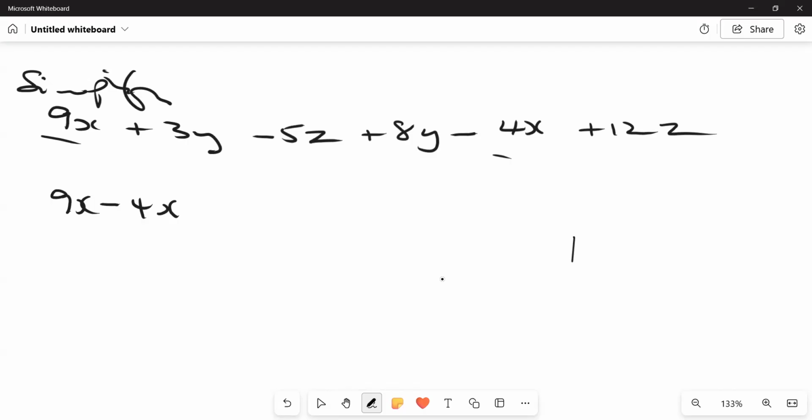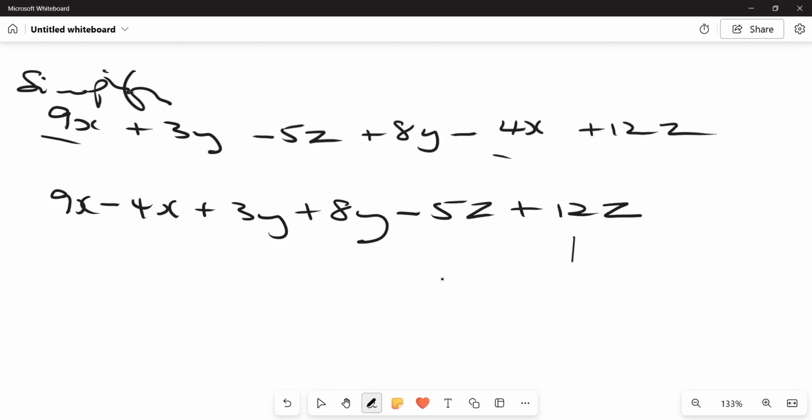Then there's a 3y there and an 8y here. There's a minus 5z here and a 12z there. Now that we have gotten the like terms closer to one another, we can simplify. 9x minus 4x is 5x.